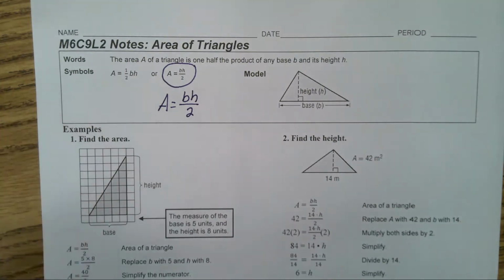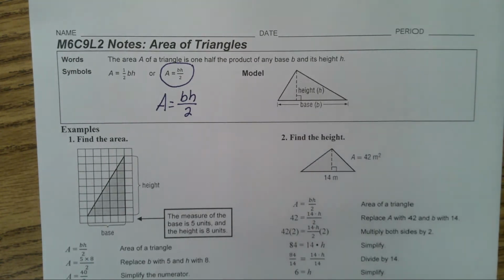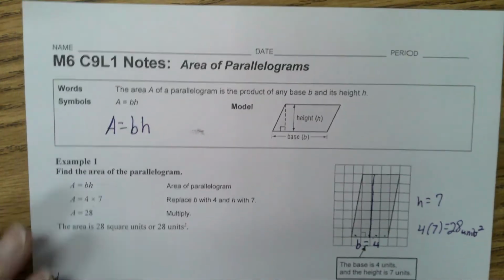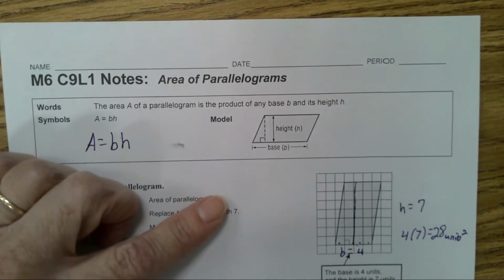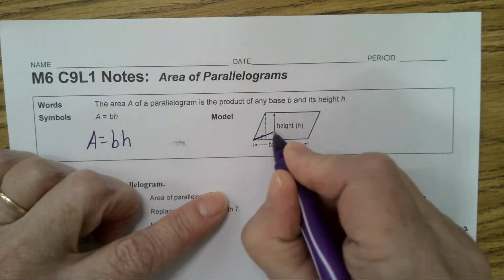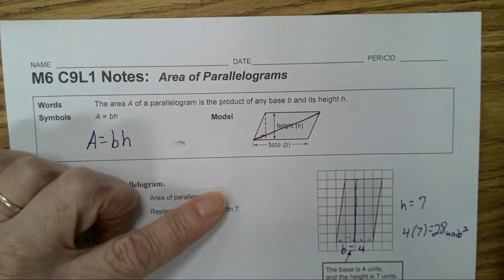Okay, now what shape had base times height for its area? What shape did we just study? A parallelogram. And a triangle is a parallelogram divided by 2. So let me just show you that. On this page here, if I take this parallelogram and I cut it right here, those are two triangles, right?